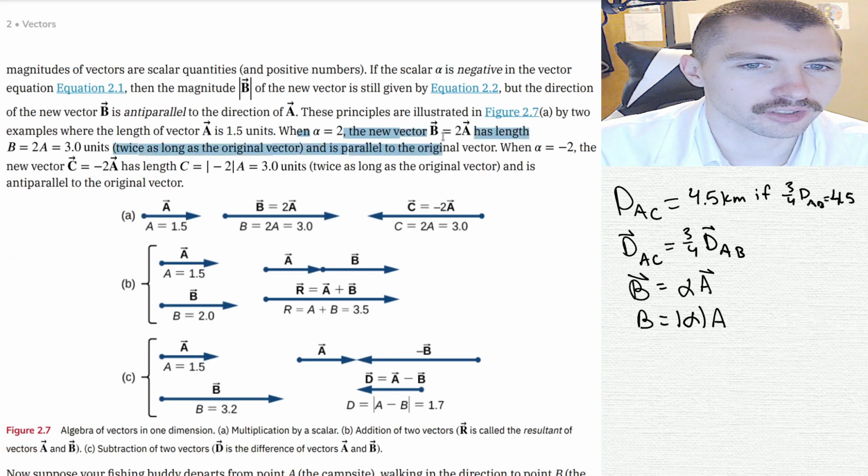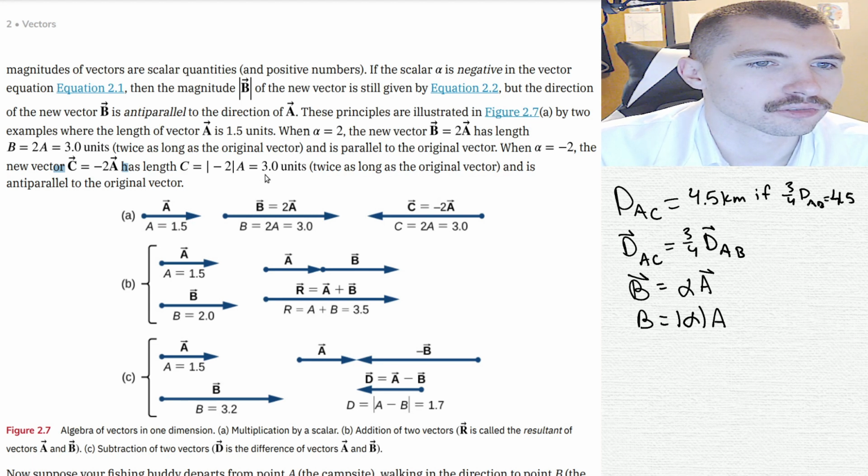Alpha is 2, the new vector has a length b equals 2a. A is -2, the new vector c equals 2a equals 3 units.